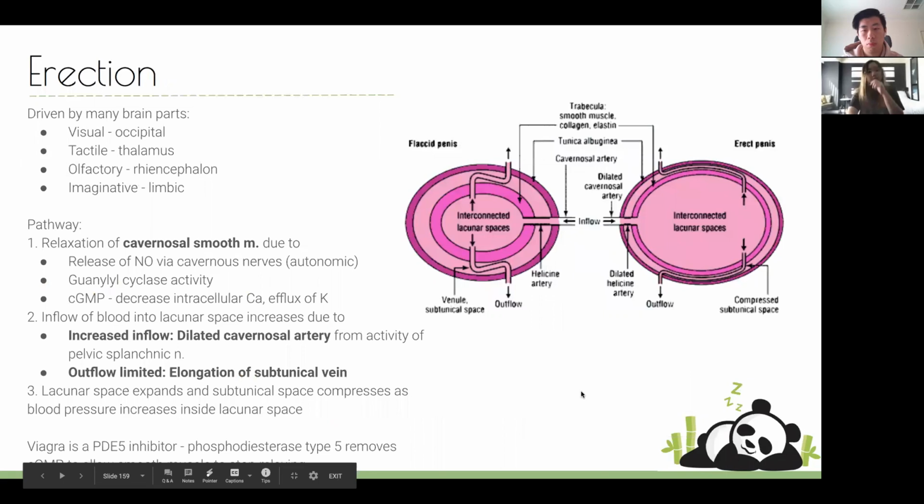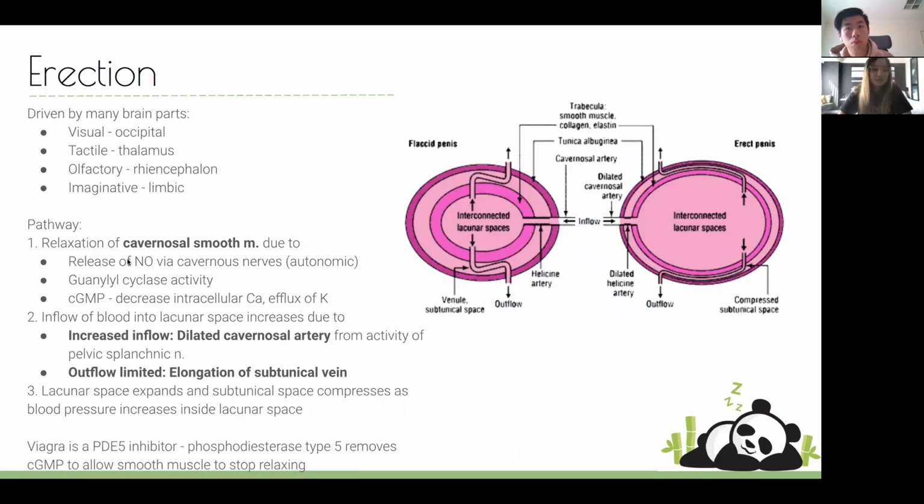Erection is driven by many brain parts, I'm sure you all know which. The pathway is a little bit difficult, but essentially you've got this cavernous smooth muscle and that relaxes. I wouldn't worry about this stuff too much. Because the muscle's relaxed, that allows inflow of blood into the lacuna space right here.